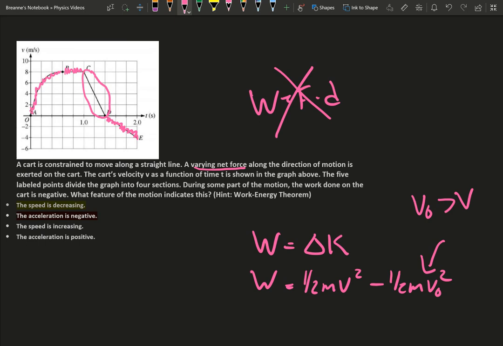That's what we have to think about. What's happening? So speed. Why is that a negative work? It's because you have your slope. Your slope's negative.